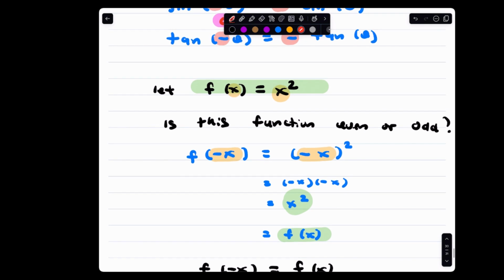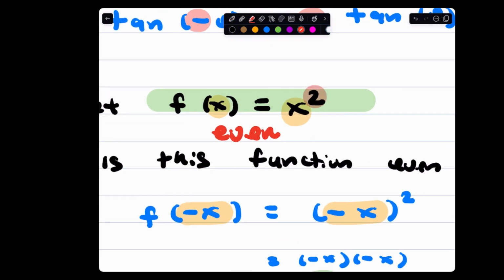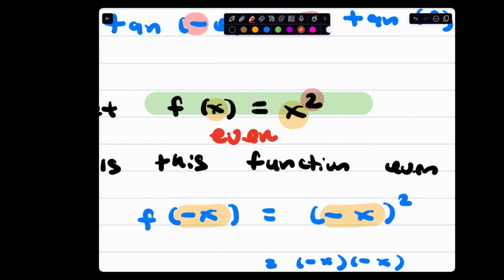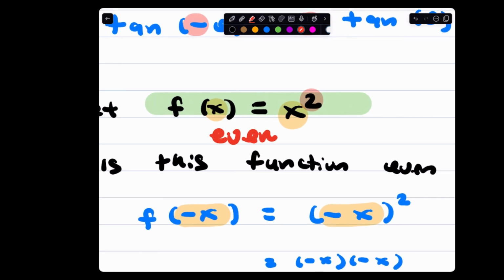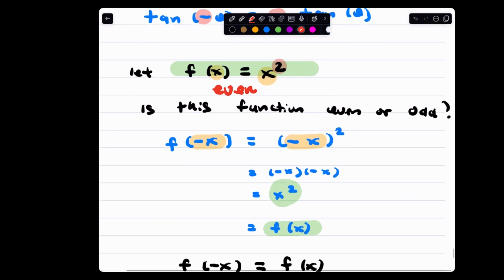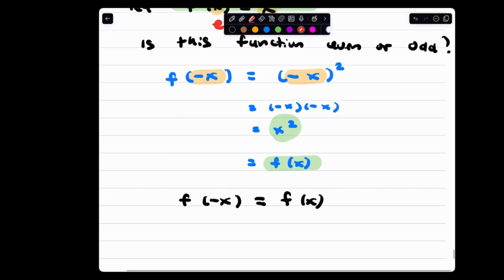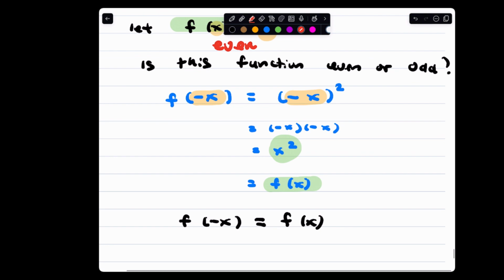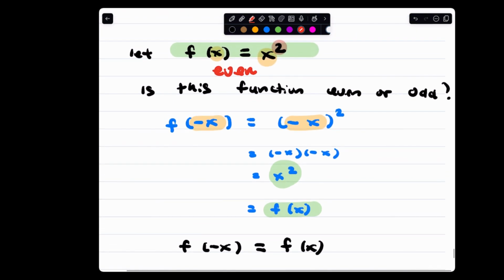So this one is nice and even. And notice this here about the power too. Isn't that power even? So this is a demonstration that x squared is a nice even function. This is what we call a proof in some ways. I just proved to you guys that the function x squared is even.